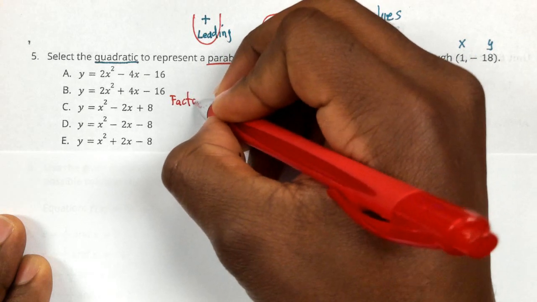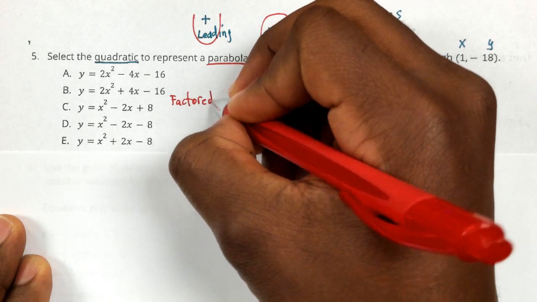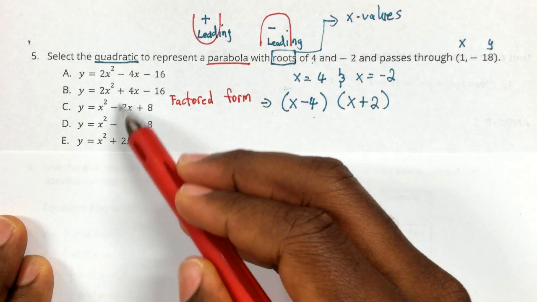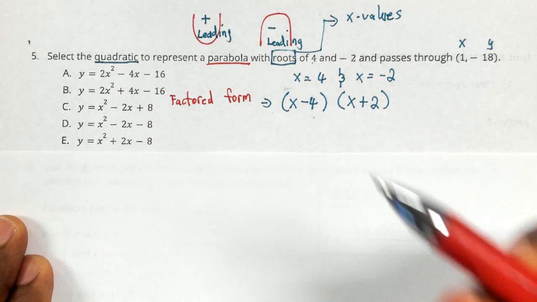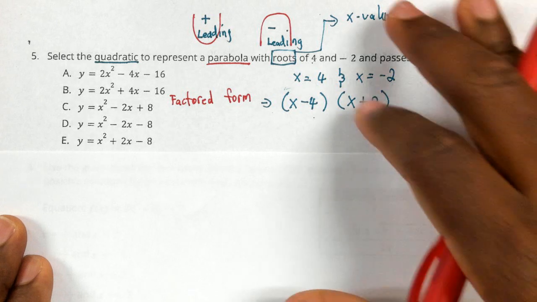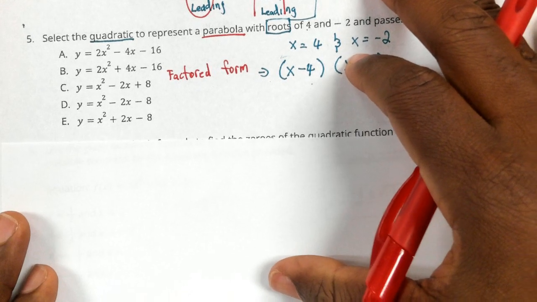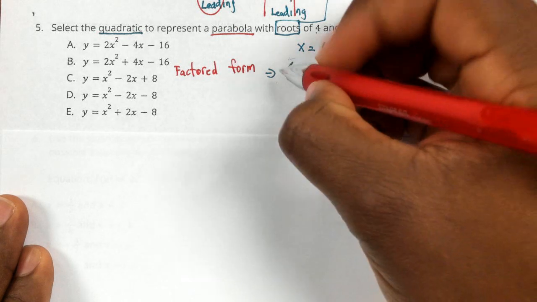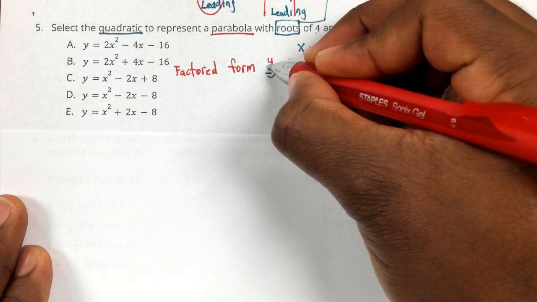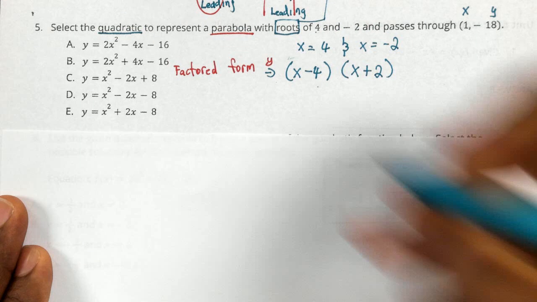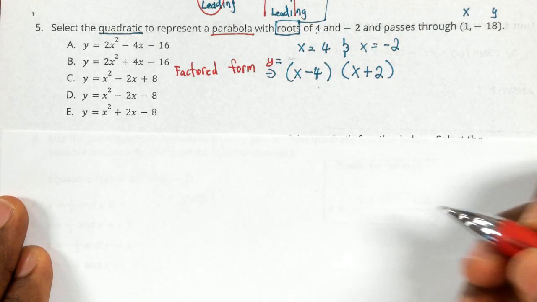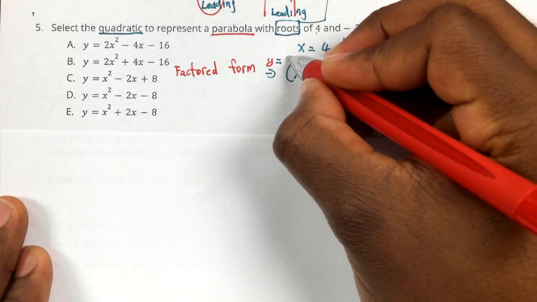However, the question doesn't want us to find the factored form. It wants us to find the standard form. So to do that, we're going to do it similar to how we did the previous question. We're going to say that this represents a function y, and we have some missing leading coefficient, which we're going to call a.